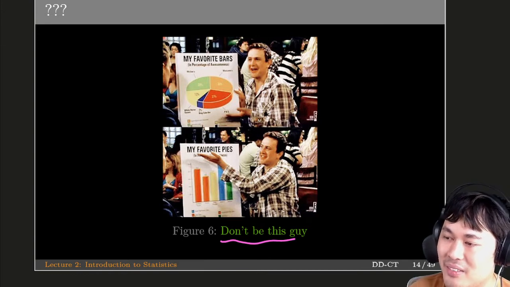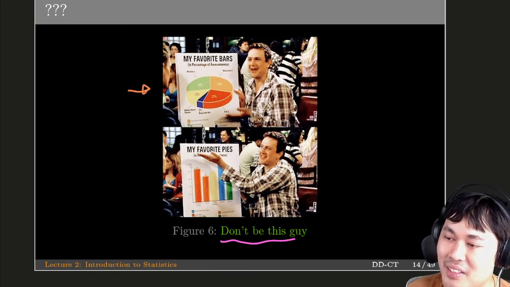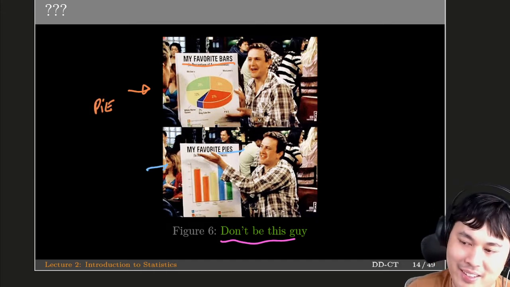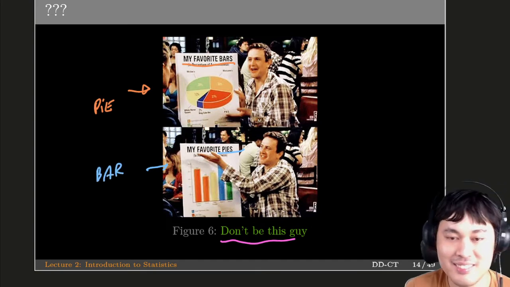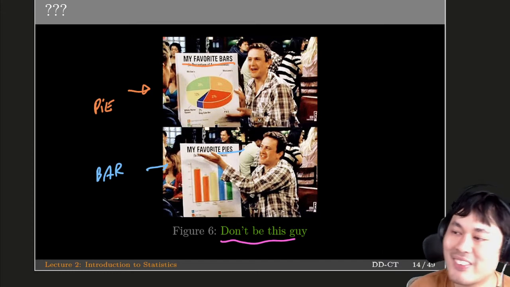Okay, so we had this person represent data. For the top one, he has his favorite bars in a pie chart, and then he represents his favorite pies in the bar chart. So he's trying to confuse you.